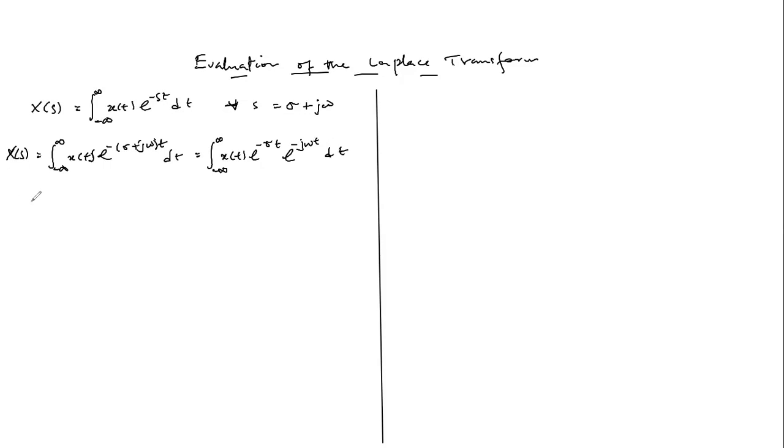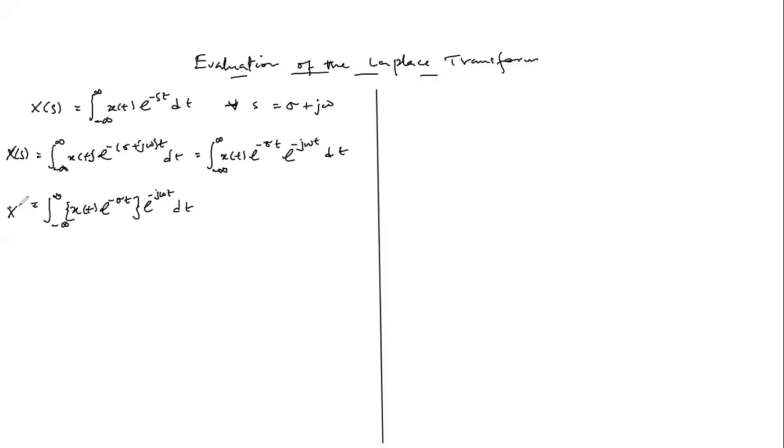Now this is the same as taking the limits of integration, s of t e to the minus sigma t e to the minus j omega t dt.